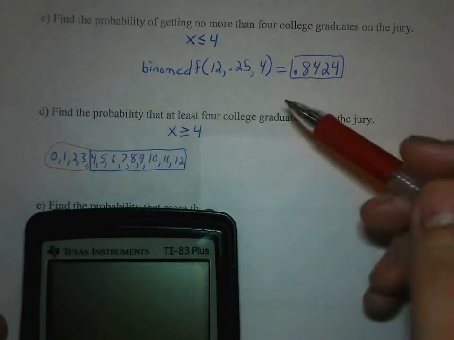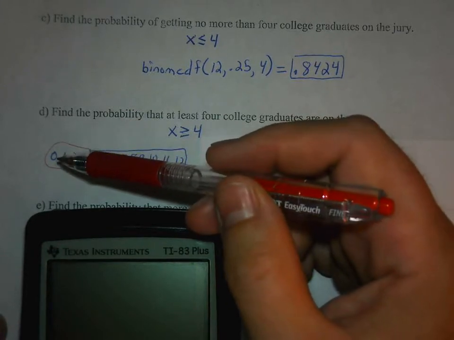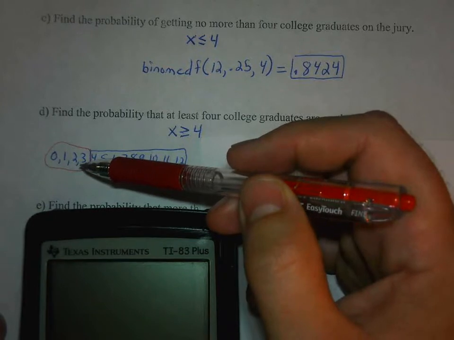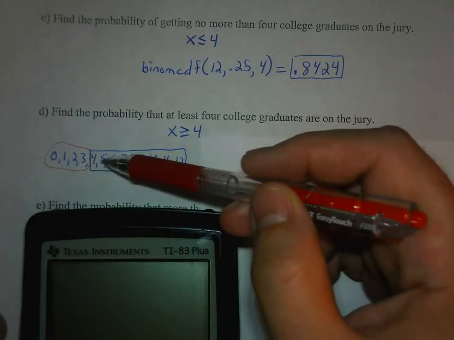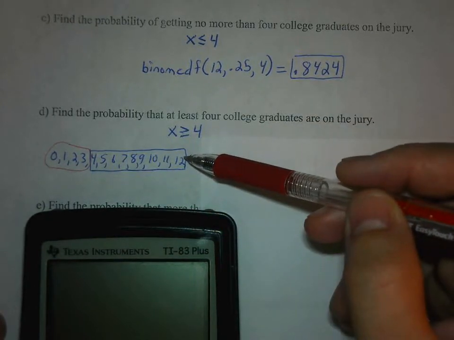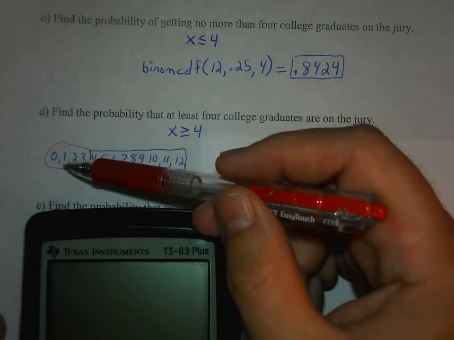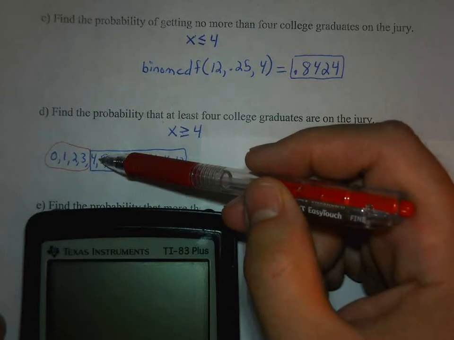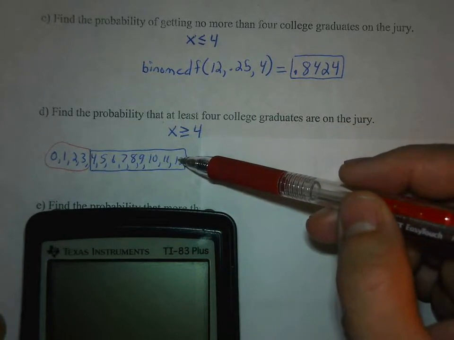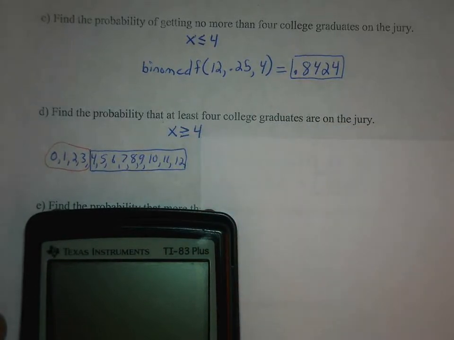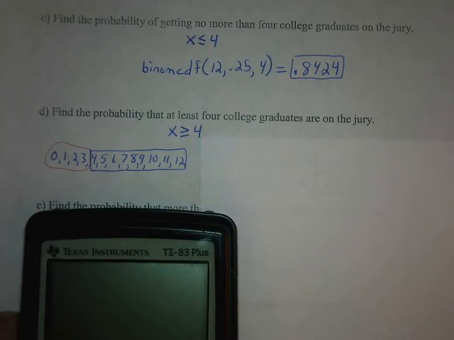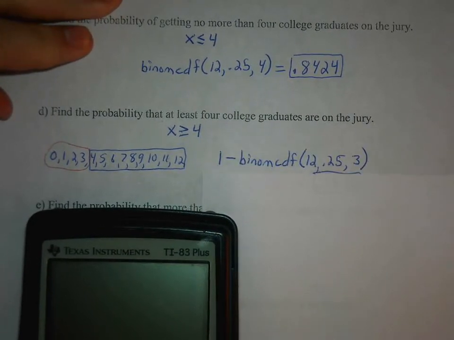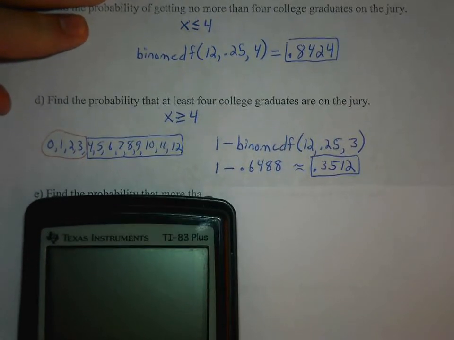So just say, for example, that the probability of getting 0 through 3 was 0.2 or 20%, then what's left over would have to be 80%. If the probability of 0 through 3 was 40%, then what's left over would have to be 60%. So here, if we do the binomial CDF and subtract it from 1, using the complement idea, we can get our answer.